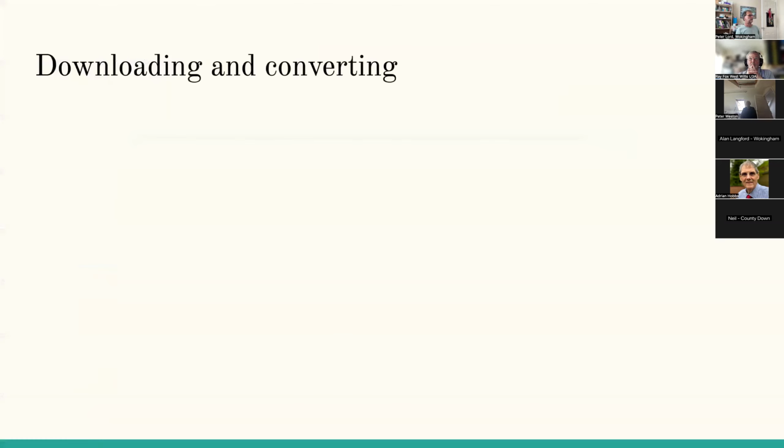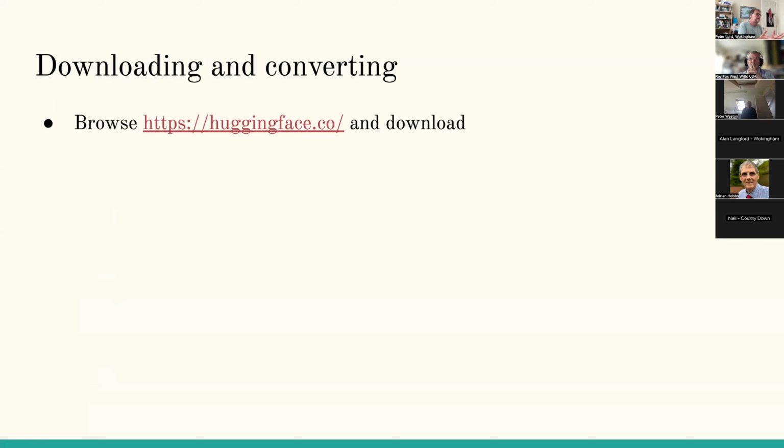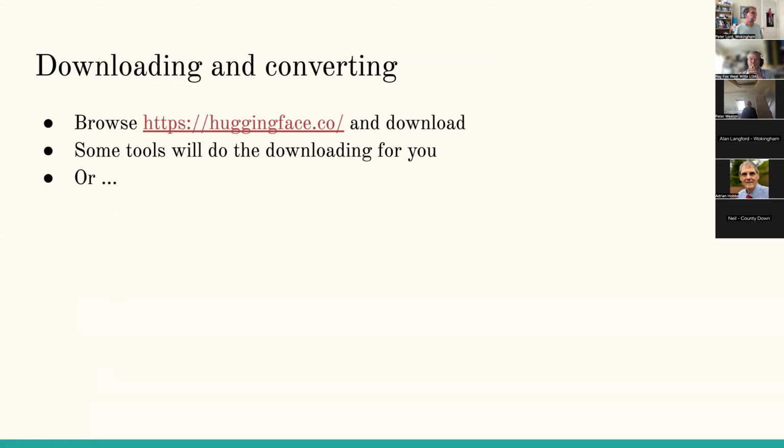Right, so that's models. Downloading and converting, I'm not going to spend too much time on it, other than to say you can do this if you really need to. So you can browse Hugging Face and download your model, but some tools, in fact, most tools will do the downloading on your behalf.